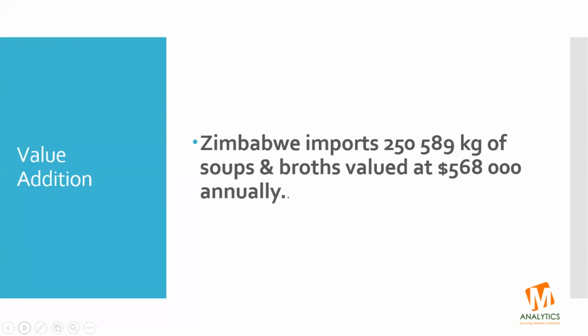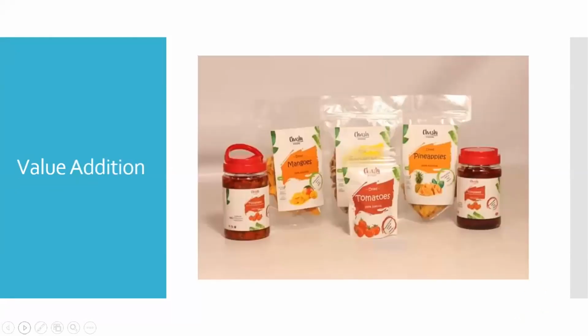And a good example of a company that I'd like farmers to take advantage of is called Chashi Foods. These guys are doing a really good job in helping farmers deal with post-harvest losses. Given that we are producing excess tomatoes at some point in time, and sometimes farmers are frustrated by the market prices. If you go to Mbare, you see heaps of tomatoes being thrown away. If you go to Tare, Sakubva, to any market you go to, you see a lot of losses happening there.